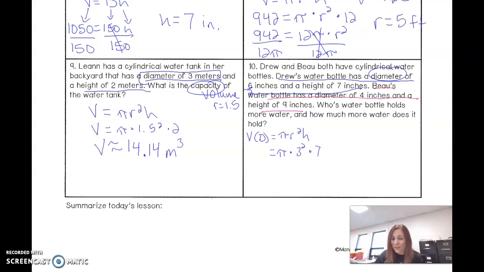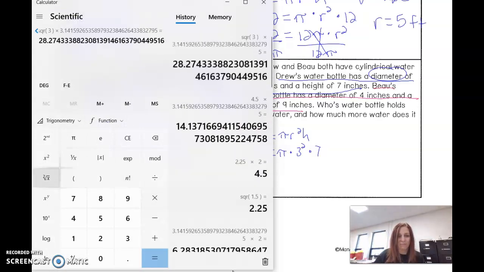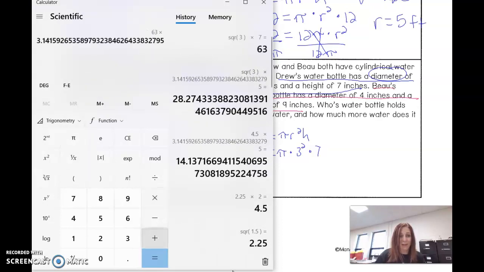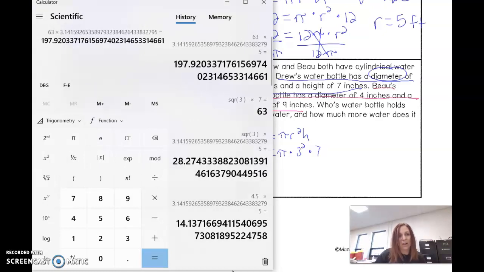And then hopefully I can type this into a calculator correctly. 3 squared times 7 times pi, and we get approximately 197.9.